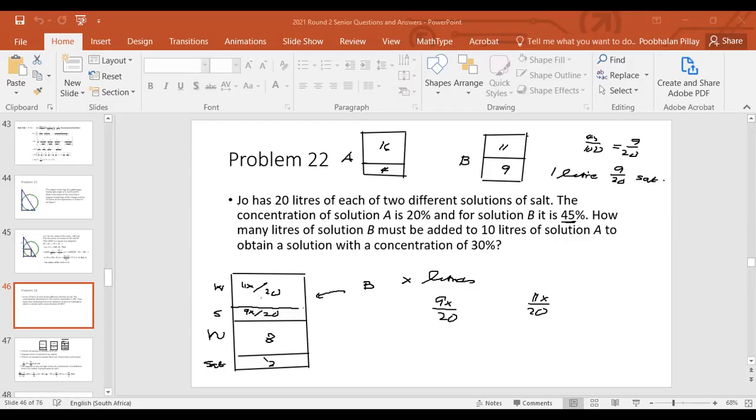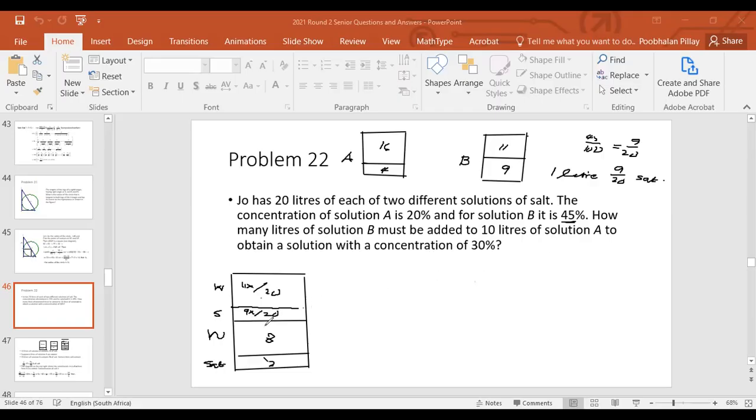Now let's do the calculations, because what we are saying here is that the salt concentration in this new setup is 30%.